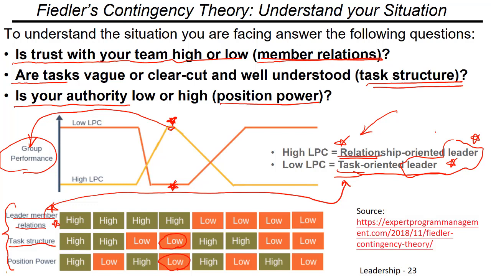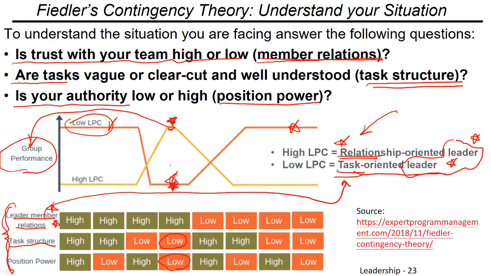It's a little more detailed, but it basically tells you that depending on the situation on those three factors, sometimes a certain leadership style may be good, such as using a more relationship-oriented style, and sometimes it could be the worst.